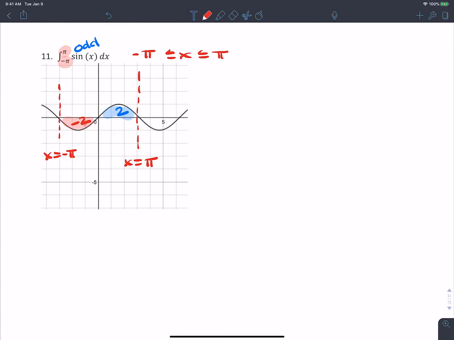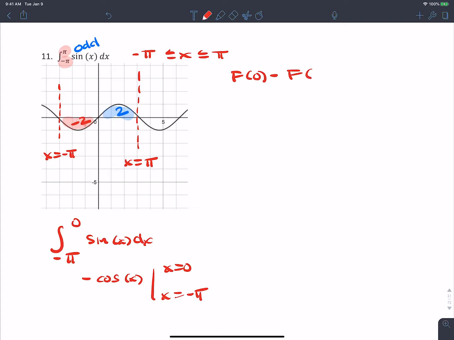Now, you may not believe me, but let me do that integral from negative pi to 0, sine. And what's the antiderivative of sine again? Is that minus cosine? So we got minus cosine from x is negative pi, x is 0, f of 0 minus f of negative pi, which is minus cosine 0 minus cosine of negative pi.